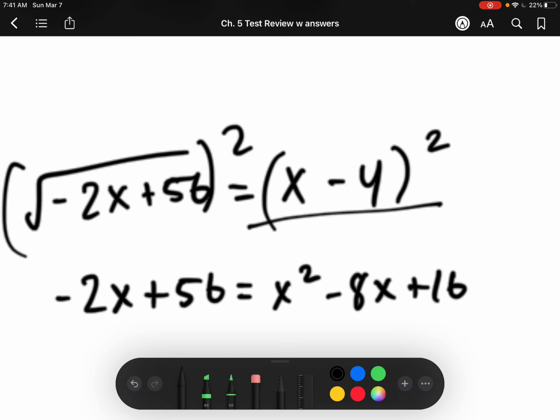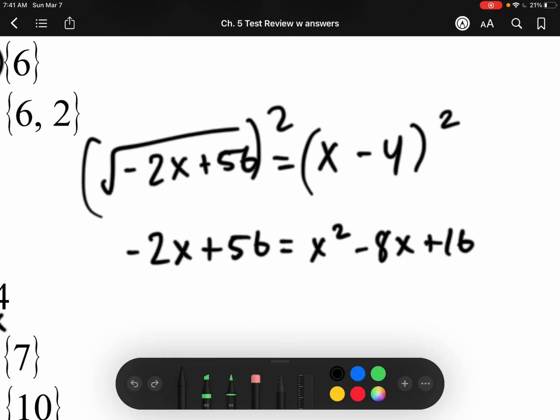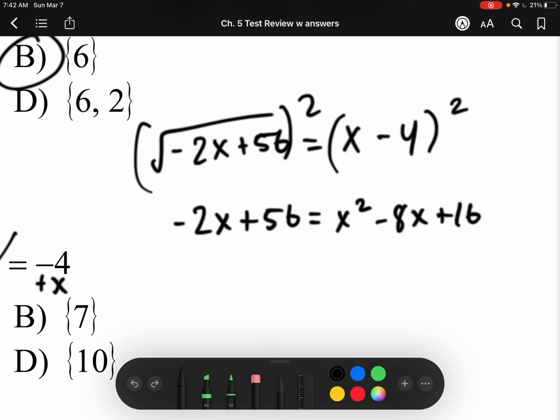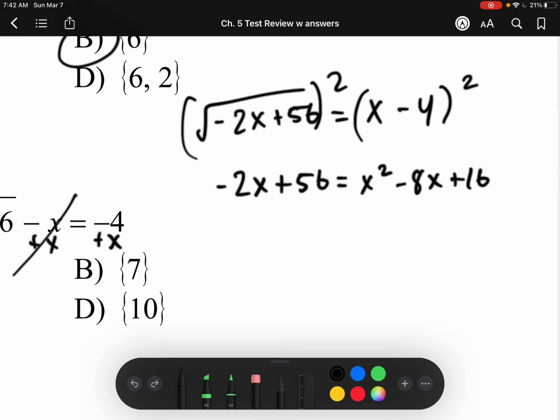So whenever you have x minus or plus something and it's squared, I do x squared because it's x times x. Then I do 2 times the constant, so negative 4 times 2 is negative 8x. And at the end, you do this times itself: negative 4 times negative 4 is positive 16. So just a little shortcut. If that didn't make sense, don't worry about it. But you can write it all out and still get the same number.